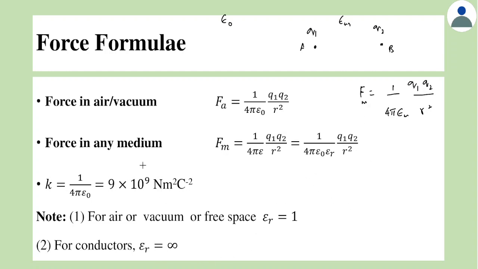We need to connect the force in the medium to the force in air, because the force in air was given as 1 by 4 pi epsilon naught q1 q2 by r square. Suffix a is put here to differentiate it from other media, but even if you don't put suffix a, it is understood that it is the force in air only. We need to connect the force in some medium with the force in air.